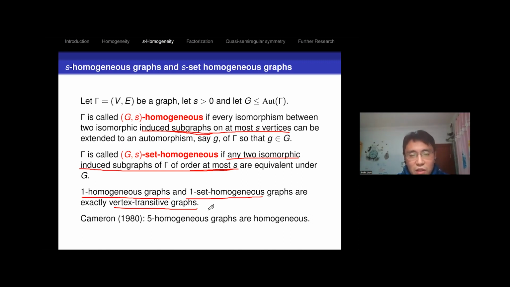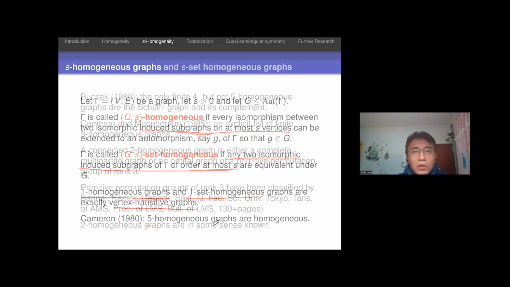But when s is big, for example, if s is 5, then 5-homogeneous implies homogeneous. This means for s equal to 5, this symmetry is a very strong symmetry.